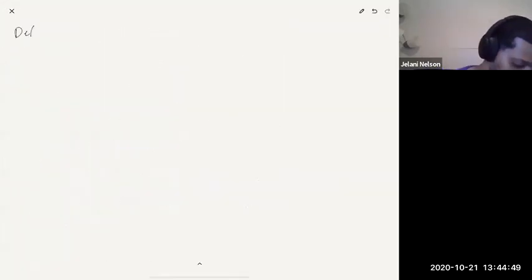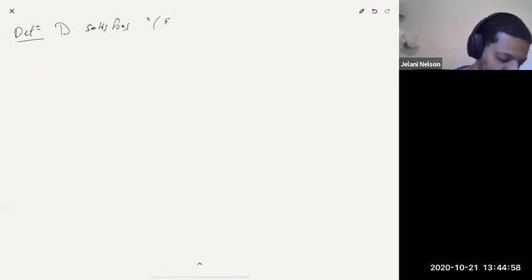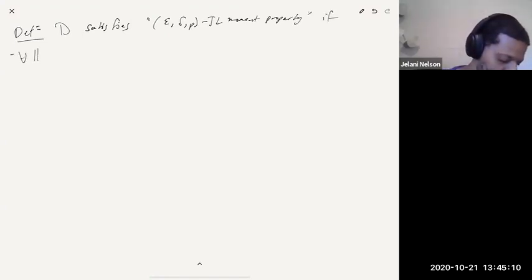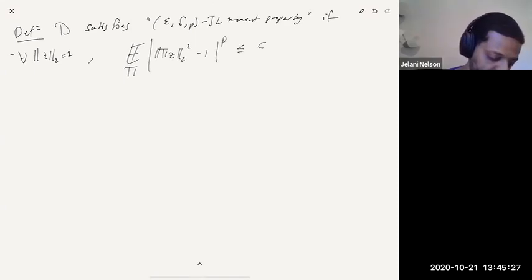So, definition: a distribution D satisfies the, let's call it, epsilon delta p JL moment property, if for all z of unit norm, we have that the expectation over pi of the quantity, the L2 norm squared of pi z minus 1, to the pth power, is at most epsilon times delta to the 1 over p.